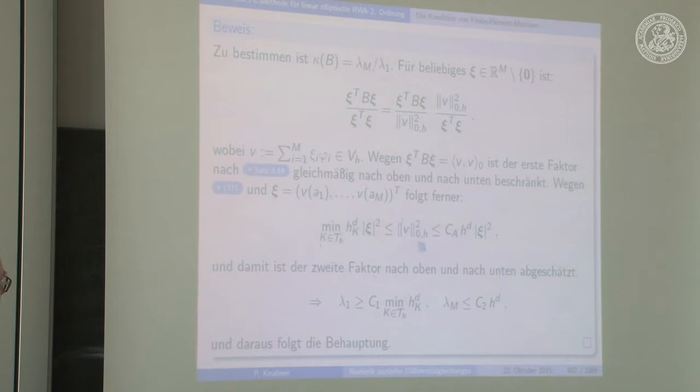But the number of these elements is bounded by Ck, and the hk is, of course, bounded by h, so we get this upper bound here. What remains is just the Euclidean norm squared of this tuple vector here.